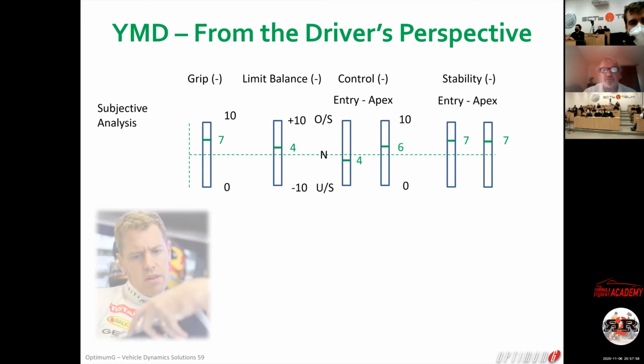Okay, so wait a moment here. You could see that you have 6 grades, all of them from 0 to 10 except 1. So 5 of them are from 0 to 10, and 1 is between minus 10 and plus 10. With an amateur driver, we go from minus 3 to plus 3.